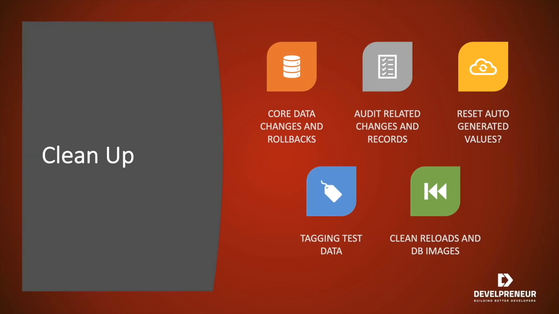You may not be able to fully clean up. So instead, you may need some way to tag your test data. Sometimes this is easy to do. Sometimes there's a note or description field or some sort of free text that you can put the word test in, or test record, do not touch, test account, do not use.